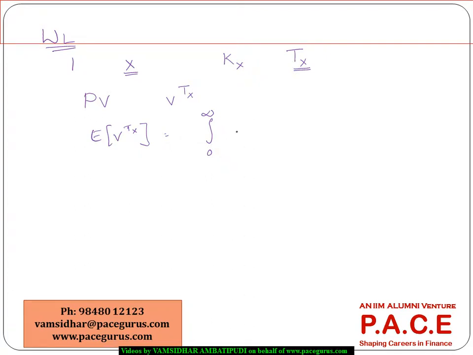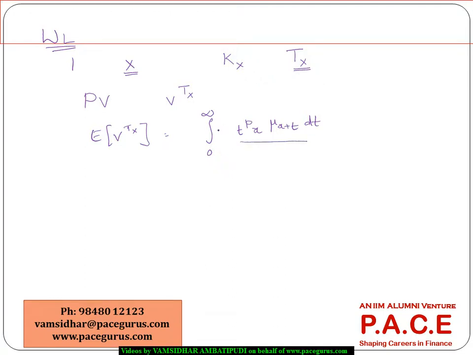Now, what is the probability that a person aged x will die between x+t and x+t+1? It's as good as a person aged x being alive for t years, and by the time he reaches x+t, he dies during that period. So this is the probability.